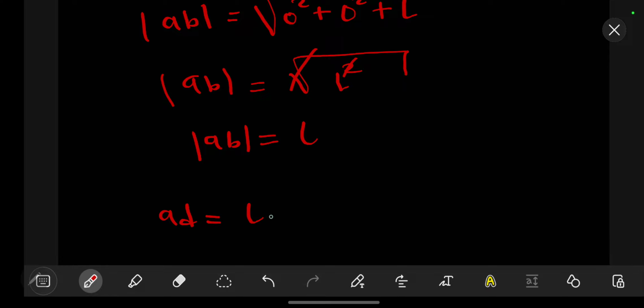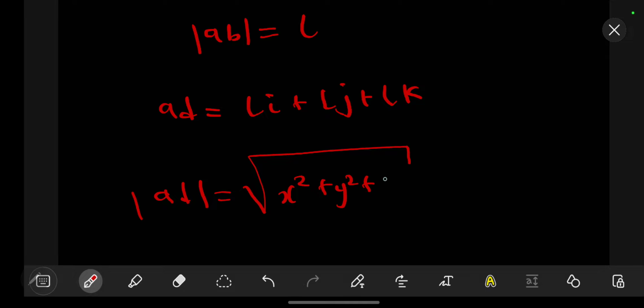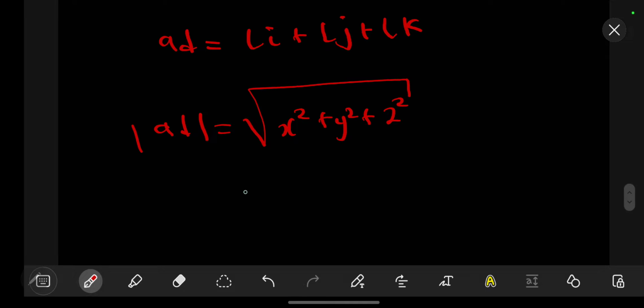We also find the magnitude of AD. We know that AD is equal to LI plus LJ plus our LK. So the magnitude of AD should be equal to the square root of x squared plus y squared plus z squared. So we are going to get the square root of our x squared.